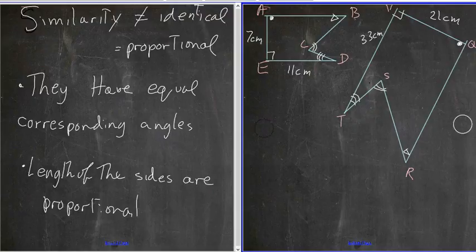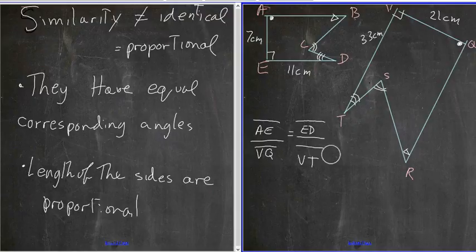So we have, for this to be true, line AE over line BQ needs to be the same proportion as line ED over line VT. Now this part, sometimes people get a little bit confused.